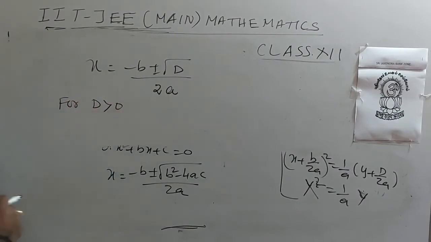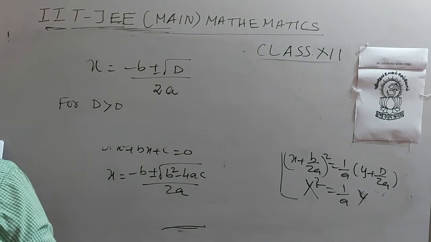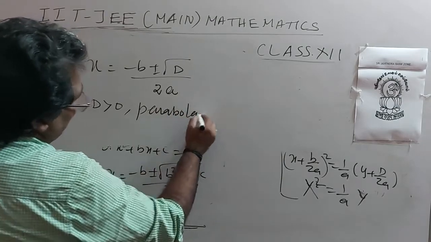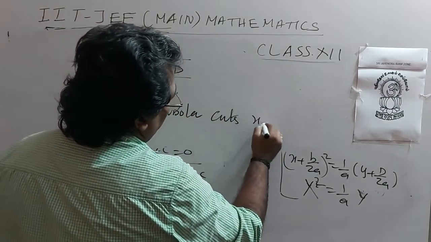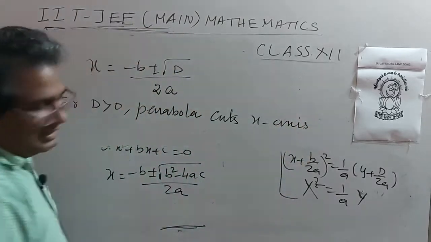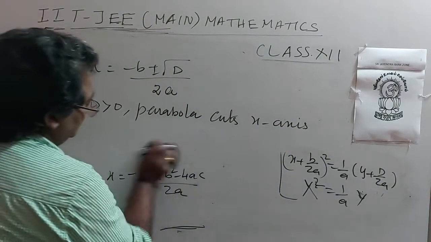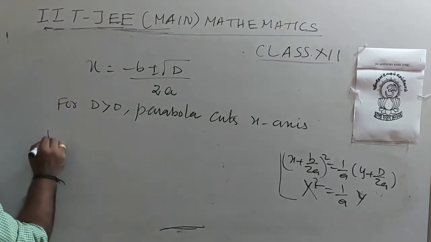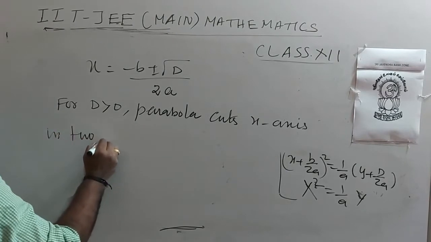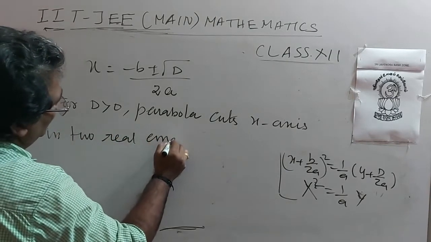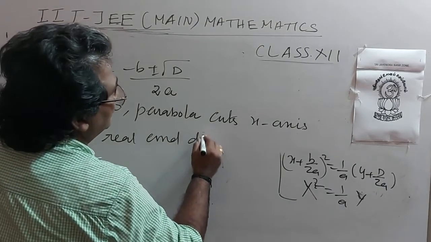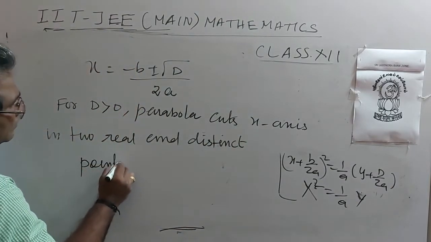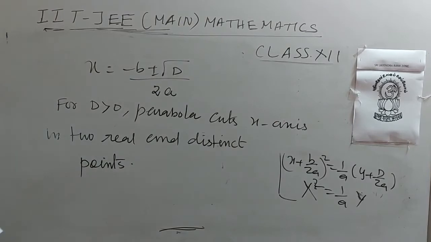For d greater than 0, if it is positive, the parabola cuts the x-axis at two real and distinct points.